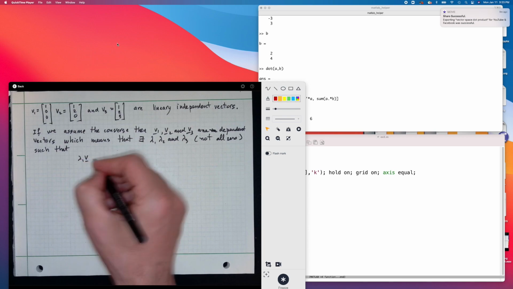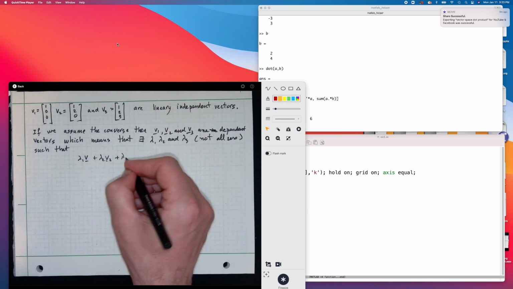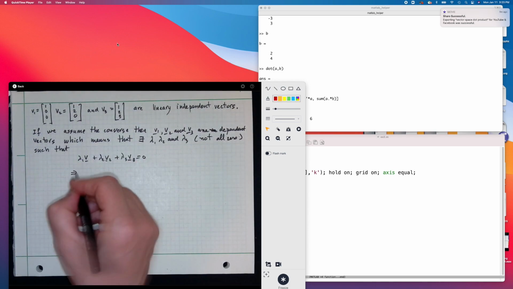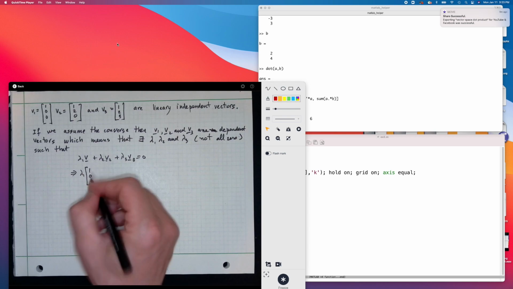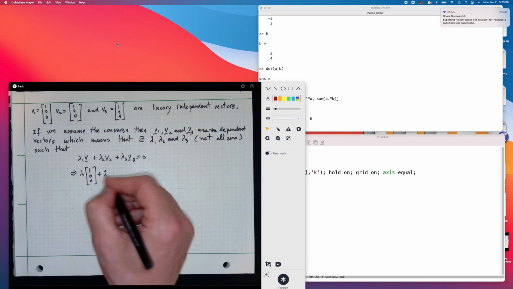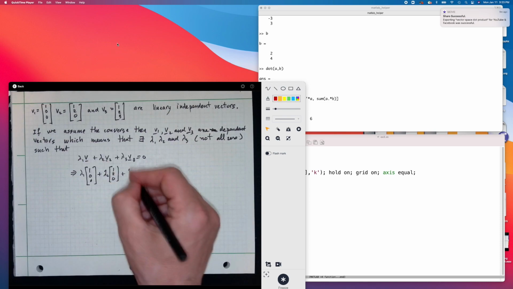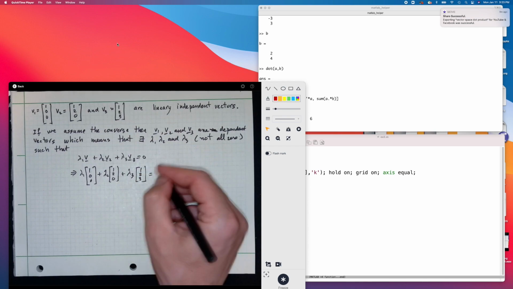lambda 1 b1 plus lambda 2 b2 plus lambda 3 b3 equals 0, which would mean that lambda 1 times 1, 0, 0 plus lambda 2 times 1, 2, 0 plus lambda 3 times 1, 2, 3 is equal to 0, 0, 0.